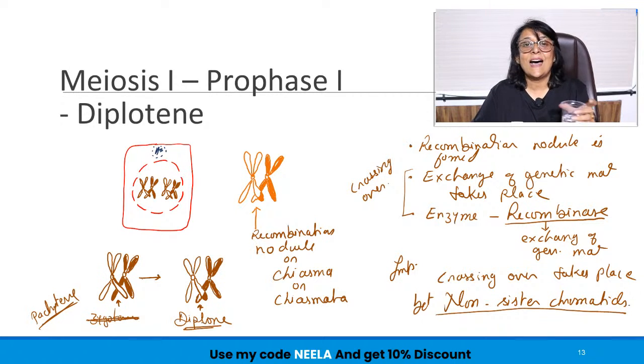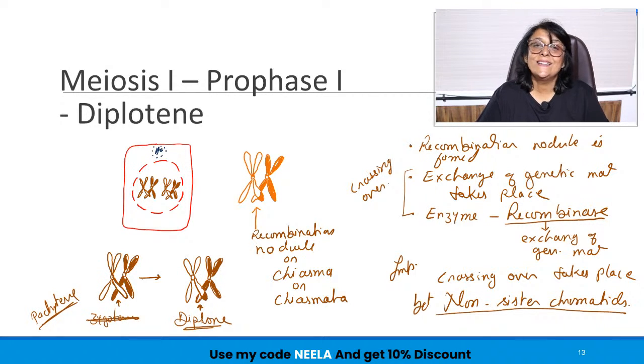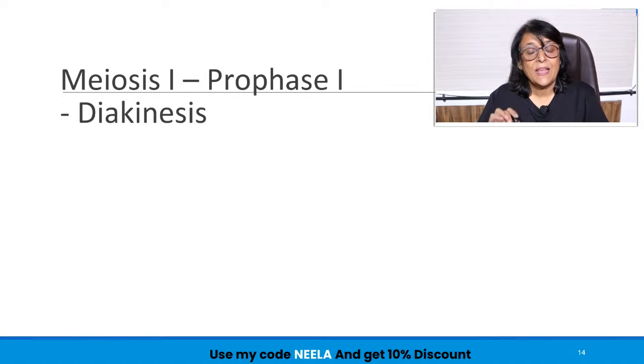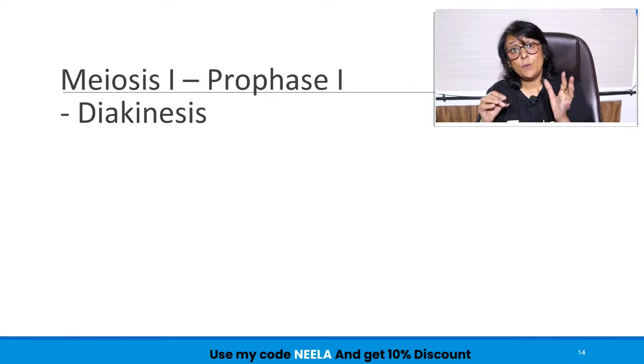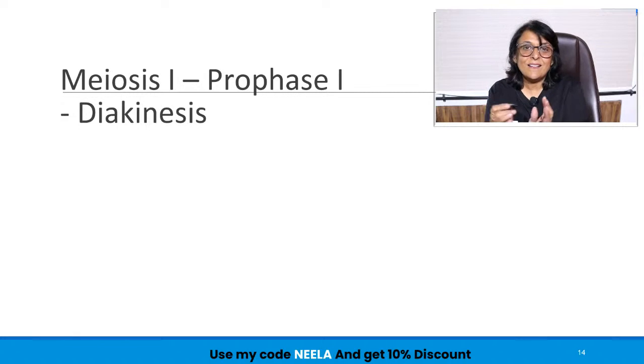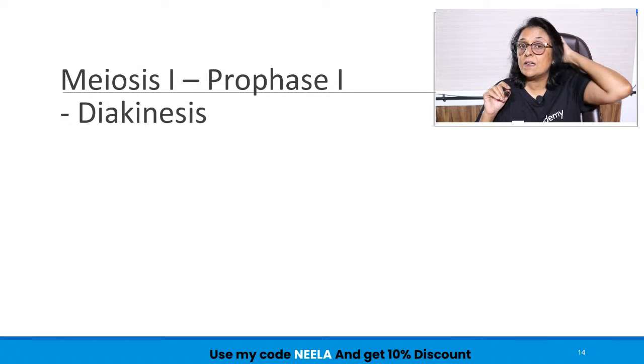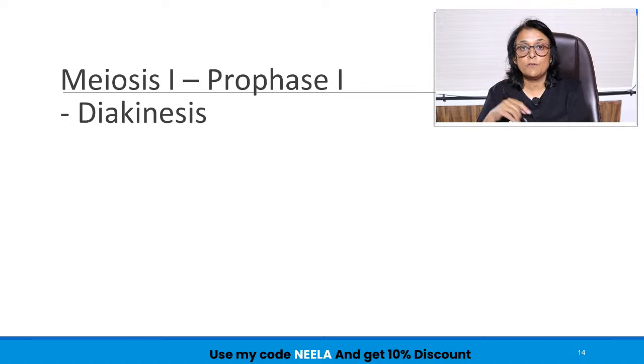Now comes the last phase, subphase of Prophase I. So what happens in the last phase? That is diakinesis. Everything that happens in prophase of mitotic division, everything is going to happen here. Now what we see, we can have an early stage and we can have a late stage. But what happens in prophase, I'm sure you have revised that mitotic division that we talked of.